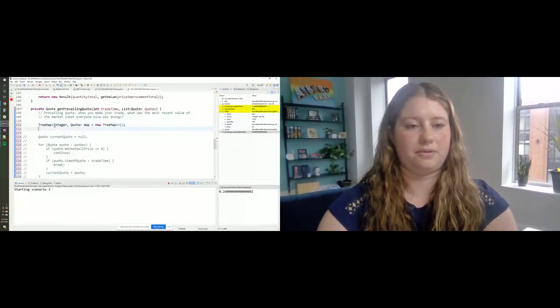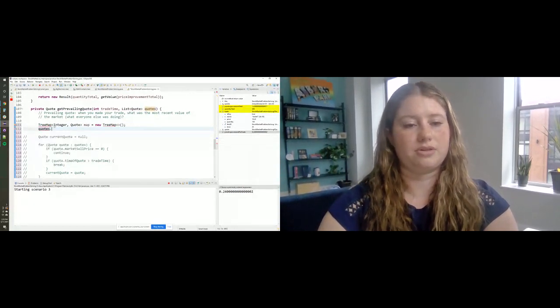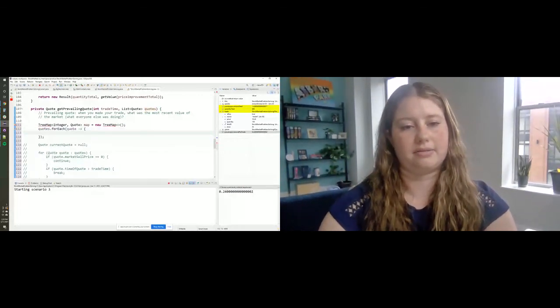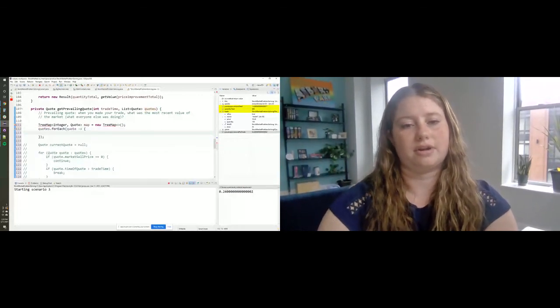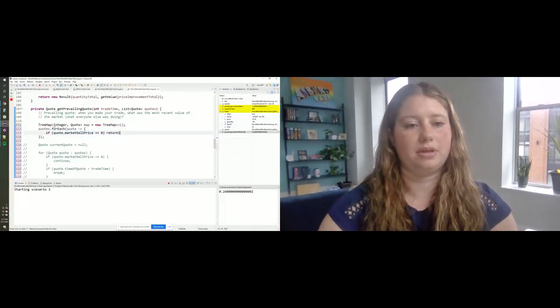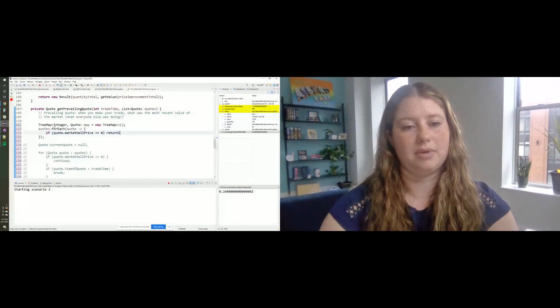And what I'm going to do is, for each of the quotes, a for each loop, quote. I need to make sure I filter out market sell price, return, because it's a for each loop. I'm just going to add them to the map, based on the time.